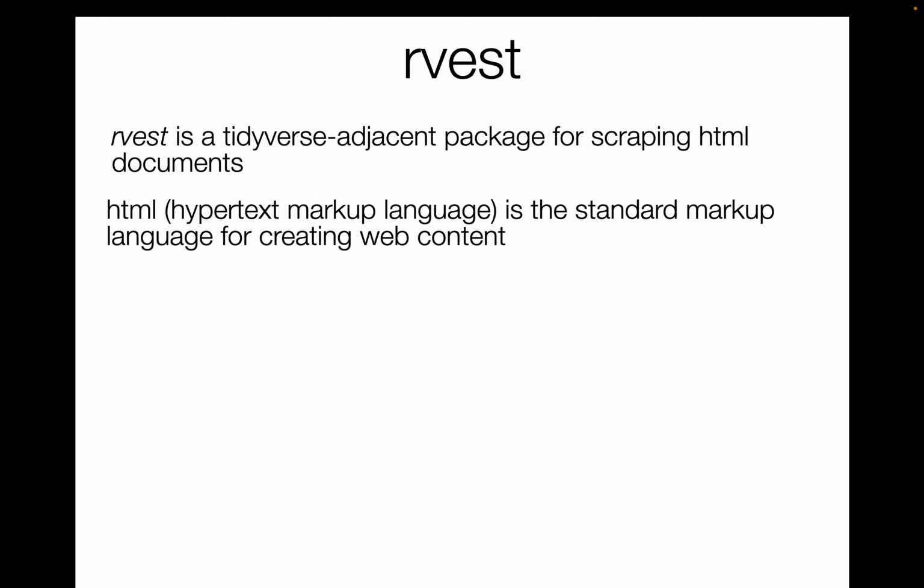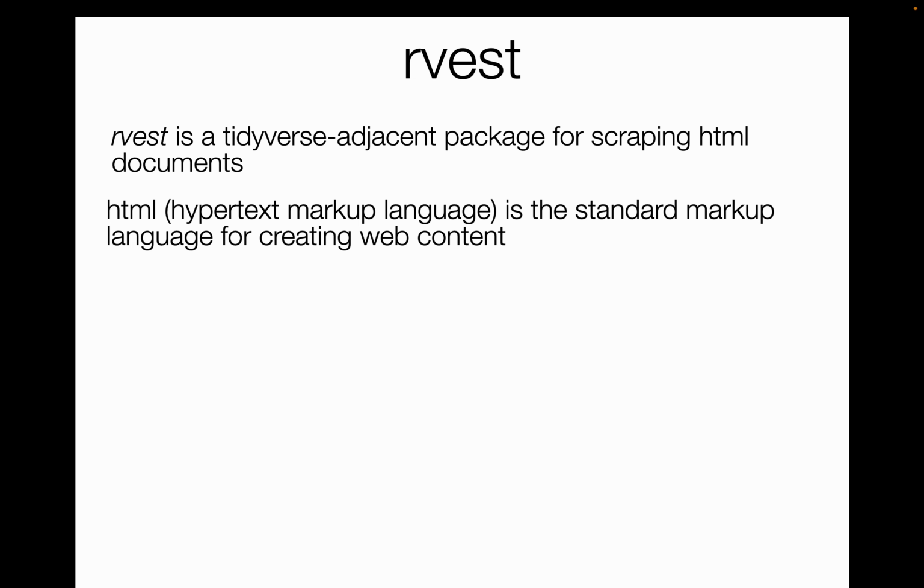What rvest does is web scrape for you, so it will do the hypertext transfer stuff that httr did. But really the functions in rvest are made to use with HTML documents, or the language HTML. HTML stands for Hypertext Markup Language.